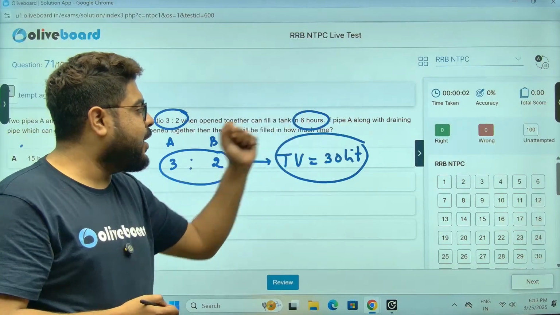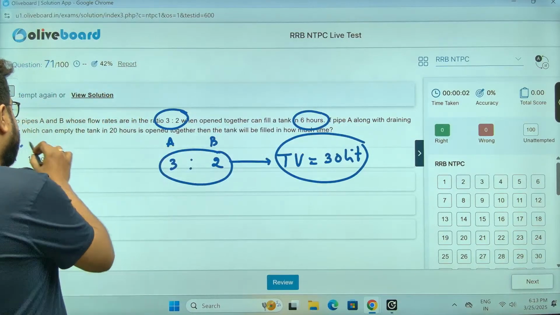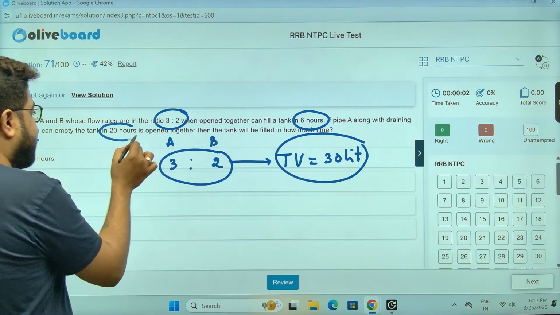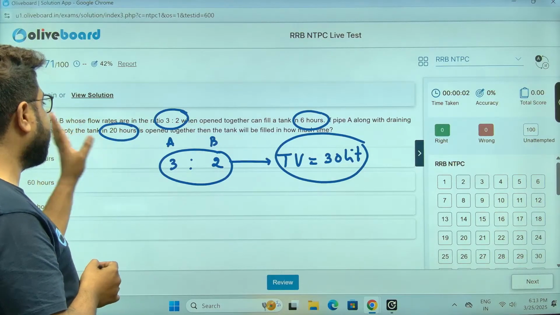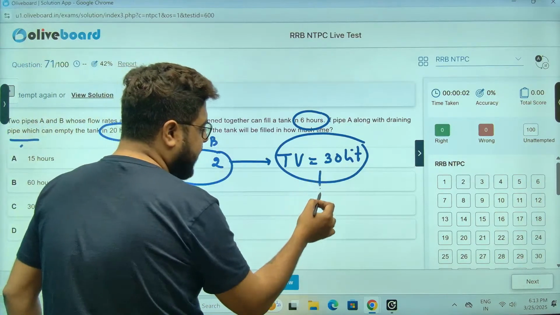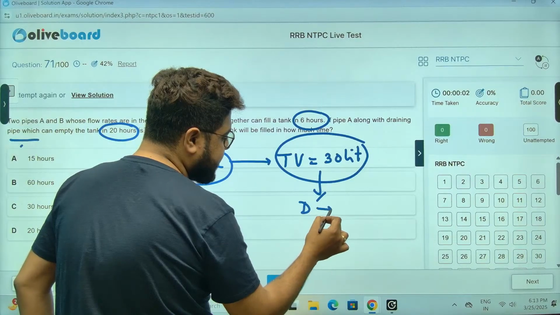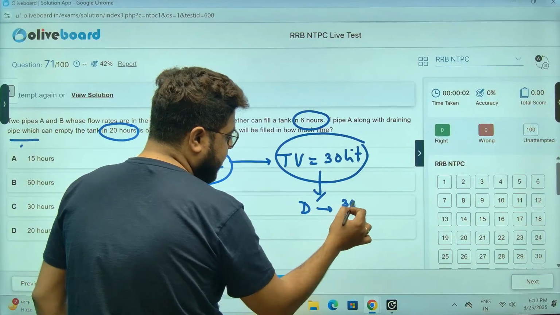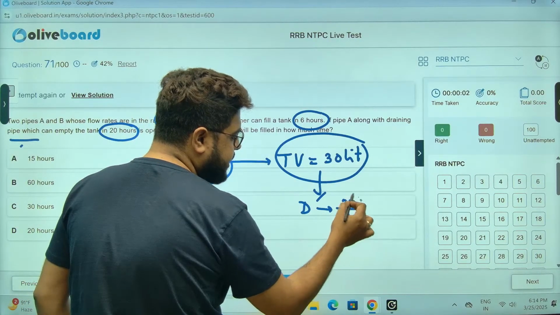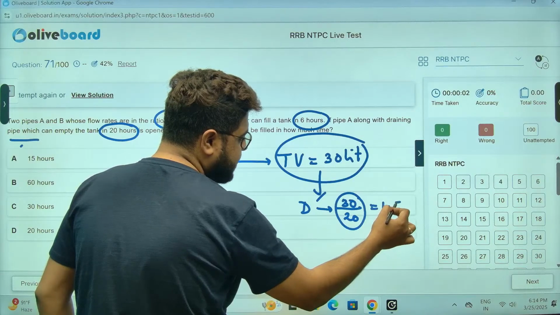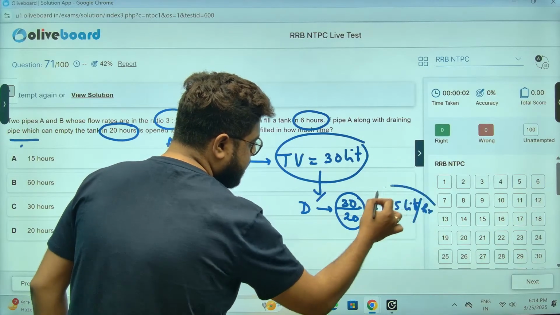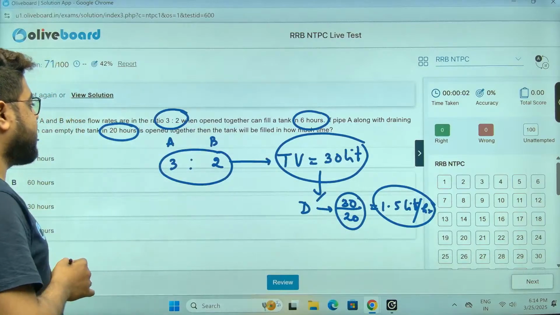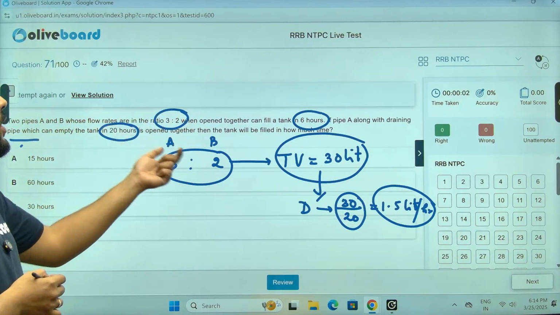Now, pipe A along with a draining pipe which can empty the full tank in 20 hours. So the drainage pipe's efficiency, taking drainage as D, is total volume 30 divided by number of hours, 20, so the efficiency is 1.5 liters per hour. Both of them work together then.